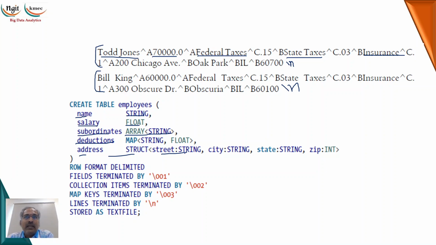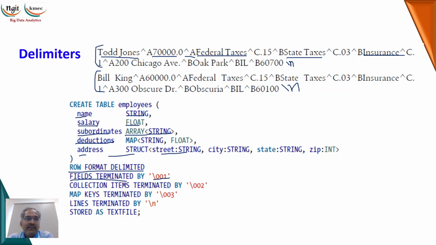We are creating the table with the suitable data types, and then we have to specify there are delimiters available. So we have to mention row format delimited, and then fields terminated by \001.